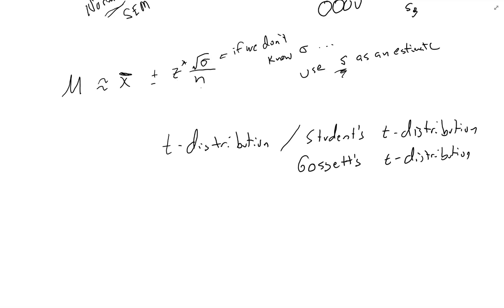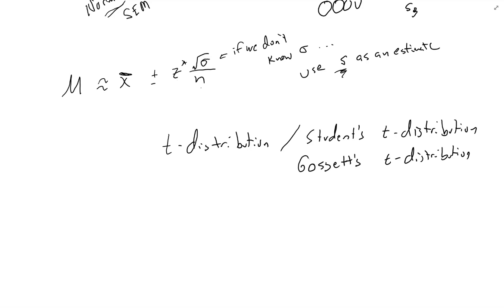He used his statistical knowledge to monitor the quality of the hops and the fermentation process, using small sample sizes, and he came up with this t distribution.